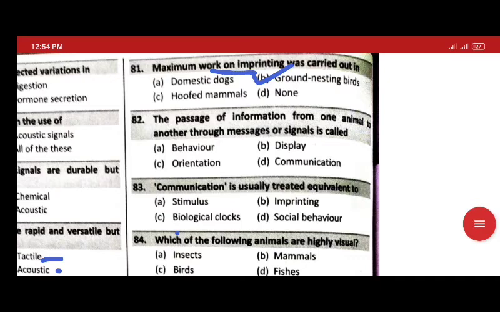So here is information passing. So in this option we can say passage of information from one person to another through a message. So mostly it is called communication.